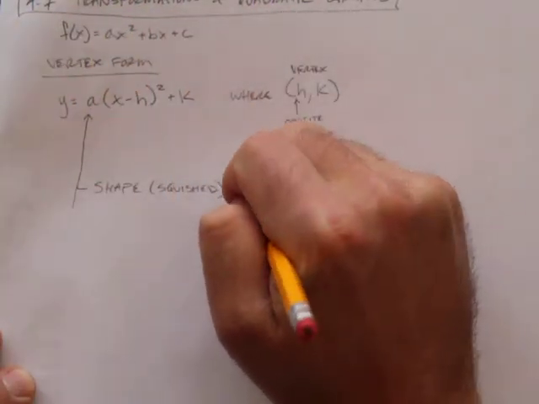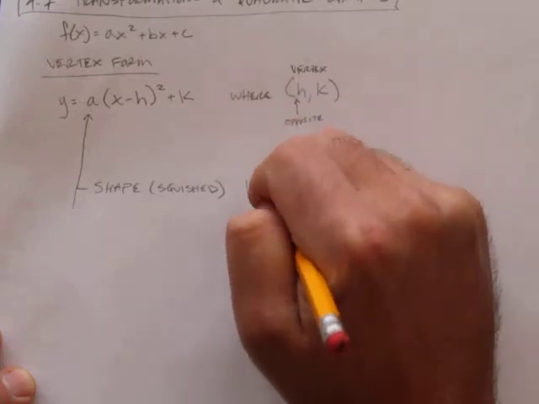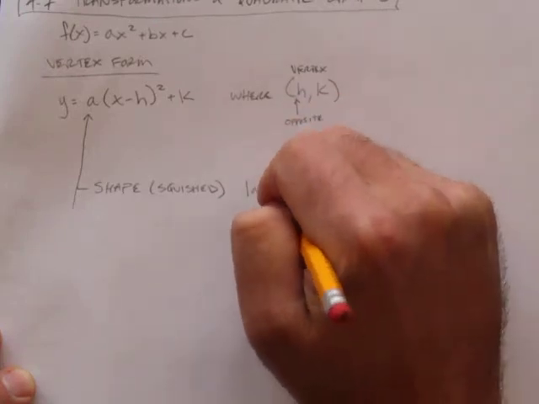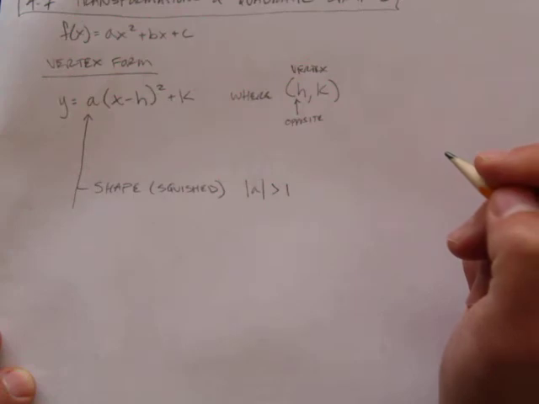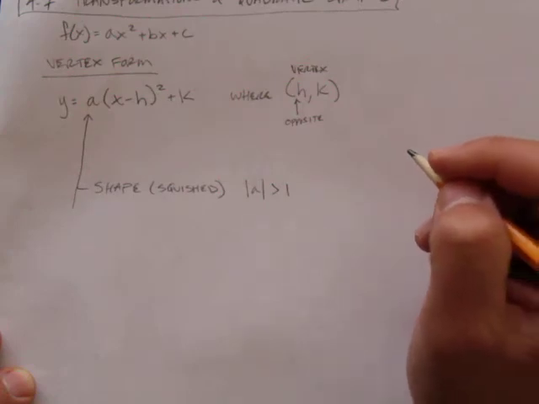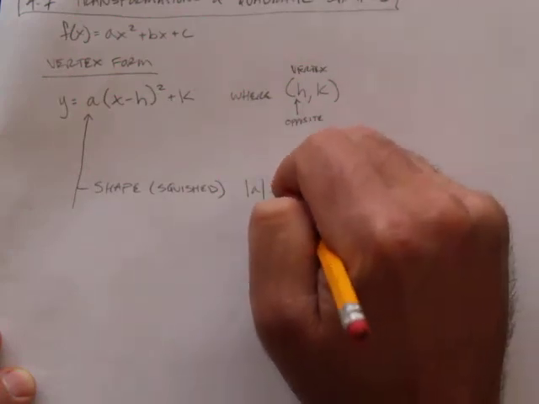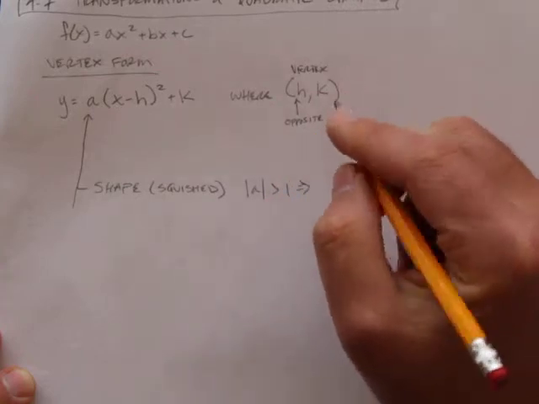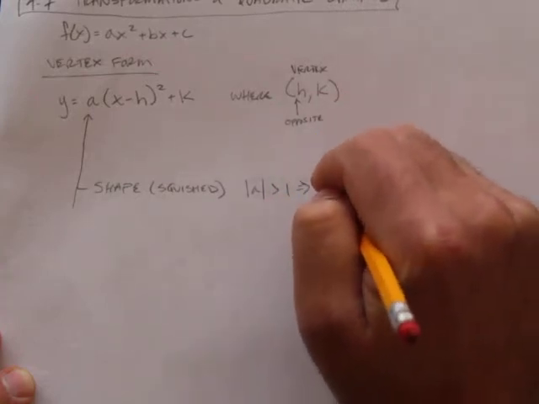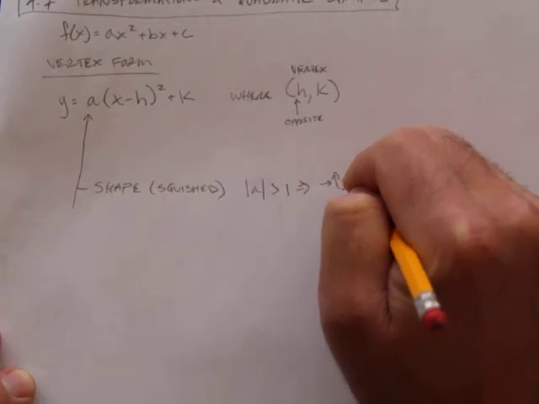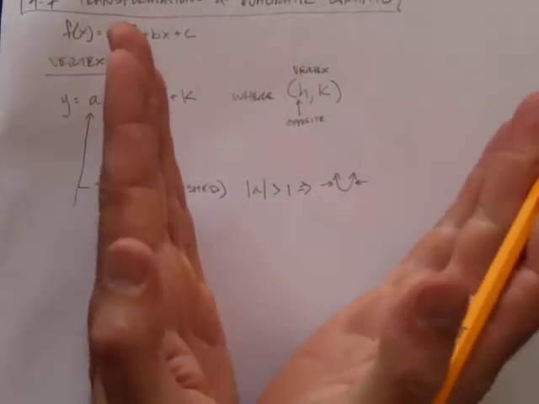So if the absolute value of a is greater than 1, meaning it's not a fraction between 0 and 1, then it makes the parabola skinnier. So it squeezes it in like that.